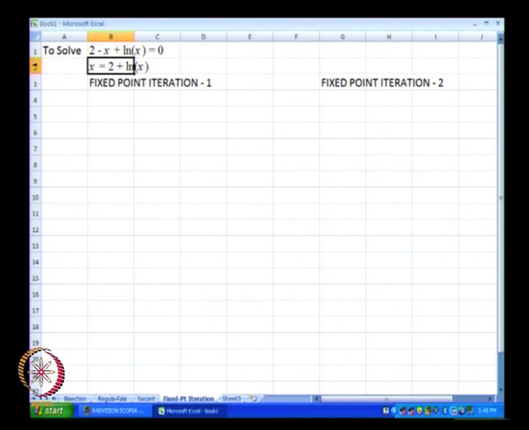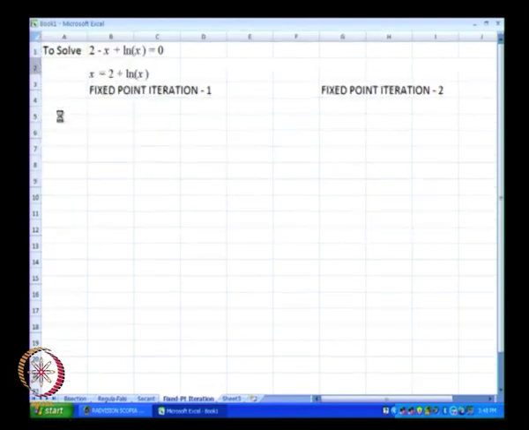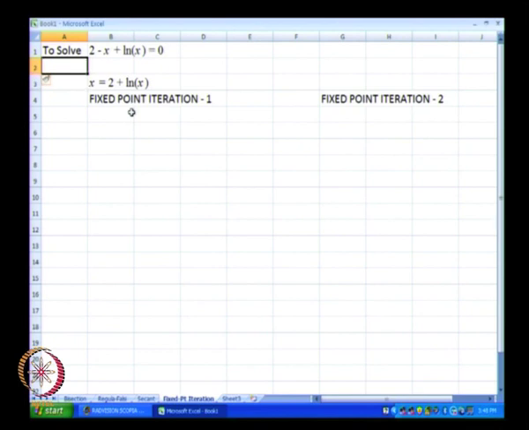For the second fixed point iteration I will insert one row over here, so that it is clearer to visualize. In the second fixed point iteration, we take 2 minus x on to the right hand side and take the overall exponent of that.